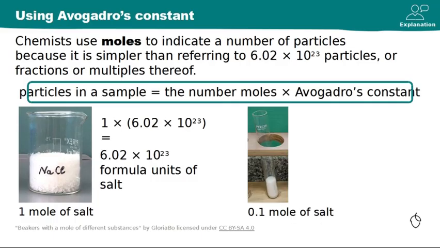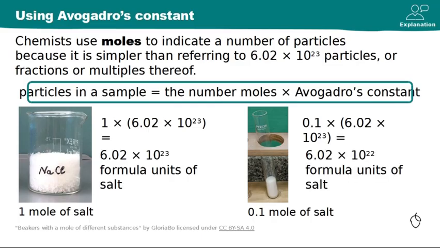So one mole of salt is 1 times 6.02 times 10 to the 23, and that would give us the number of sodium chloride or salt particles present. And if you had 0.1 mole of salt, then the number of particles present would be 0.1 times Avogadro's constant, which would give us 6.02 times 10 to the 22 salt particles present.